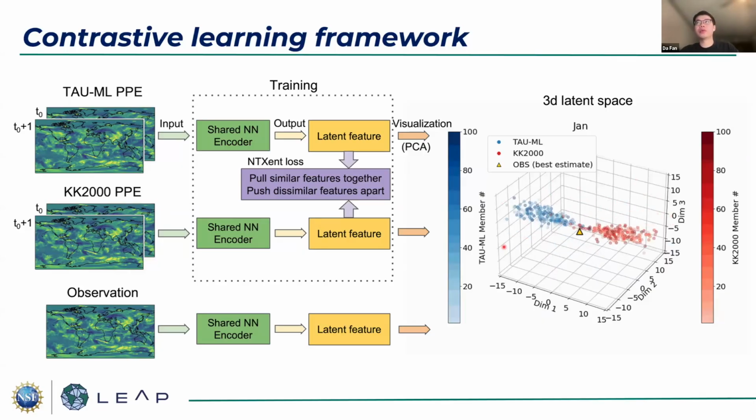And the reason why we were doing this is one assumption behind contrastive learning is that we need to feed two inputs into the model, and these two inputs represent two different angles or two different views of the same object.